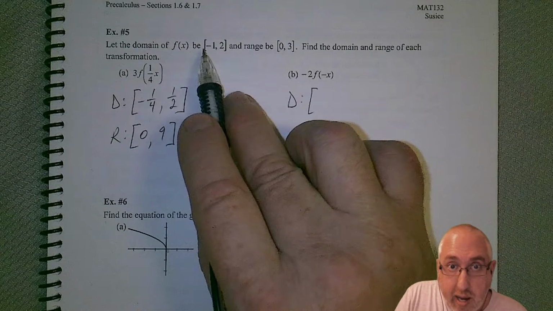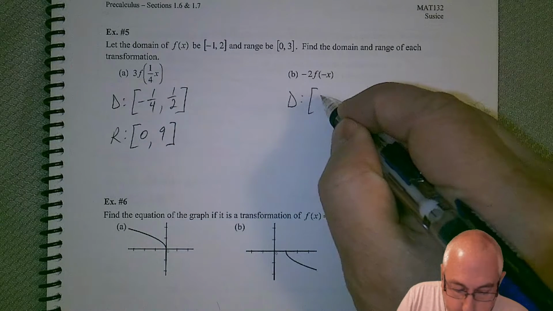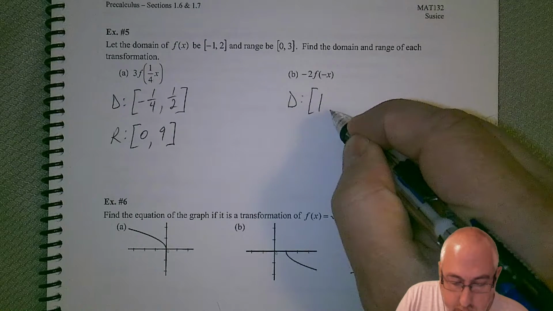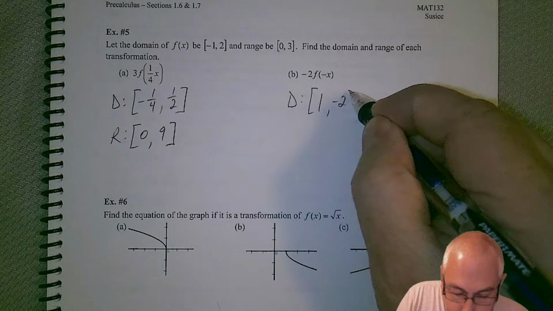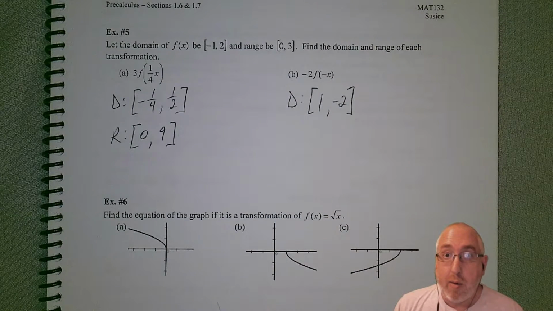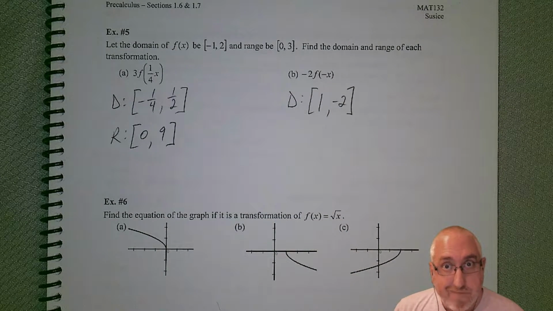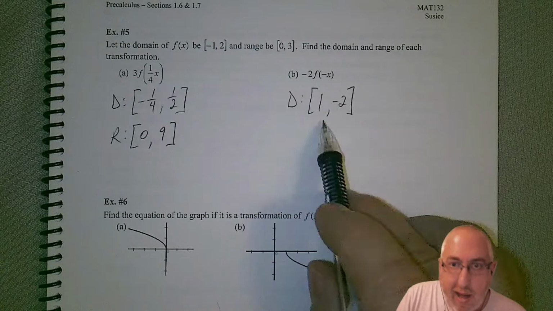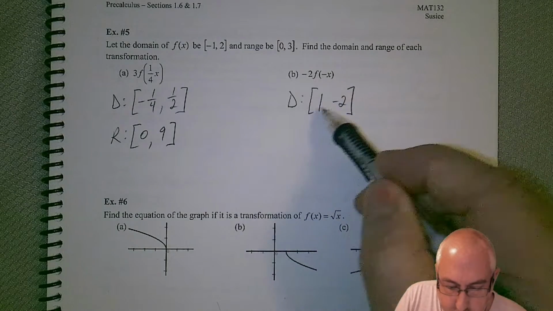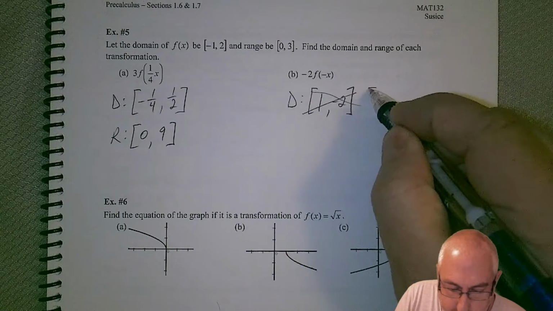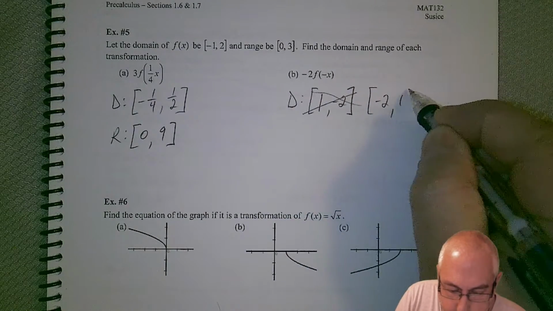So we want to negate the -1, which makes it +1, and then we want to negate the 2, which makes it -2. Now, is that our final answer? No, we can't have it in the wrong order. We got to have the negatives first and then the positives second. So we don't want to write it like that. We want to write it -2, 1.